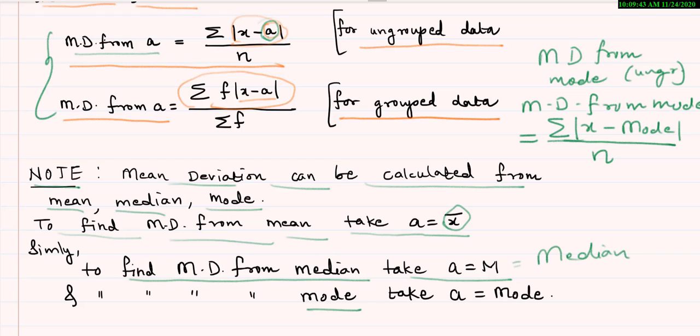N is the total number of observations. And of course, first we will find mode and then substitute the value of mode in this particular formula. How to do these calculations and how to use this formula in various examples, that is what we are going to study now.